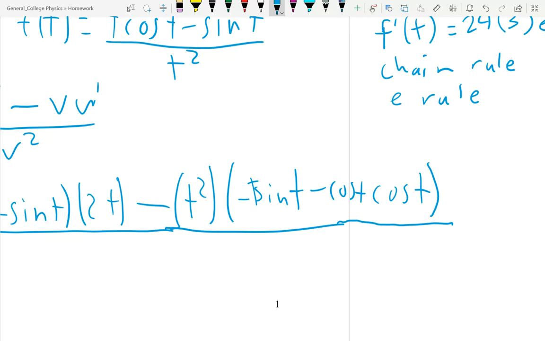You have the derivative of the first term is minus t sine t minus cosine t. And then actually it's minus t sine t plus cosine t. But this needs the plus sign right there. Okay, let me fix that.